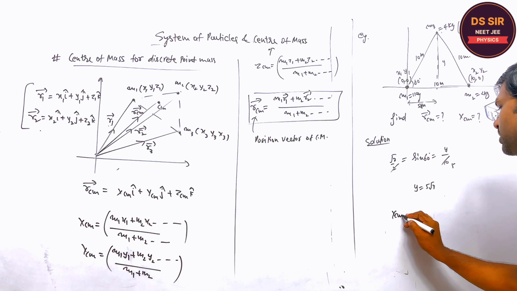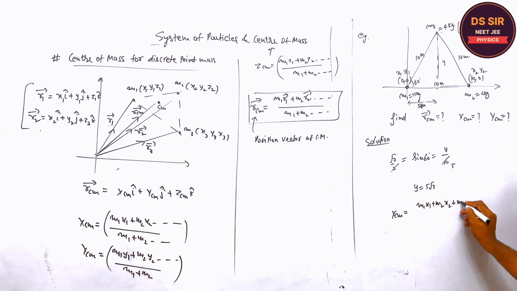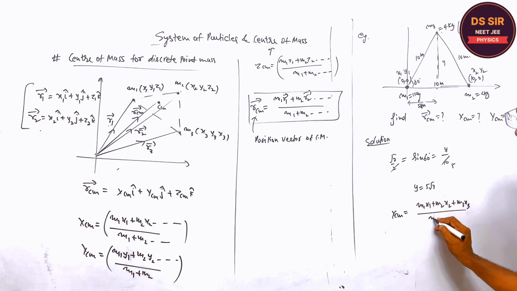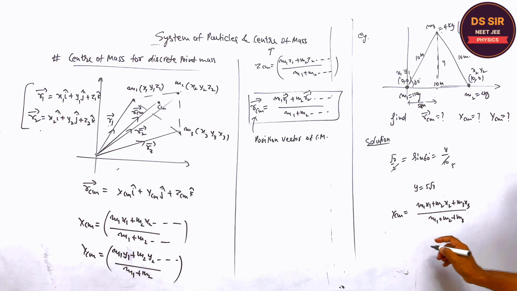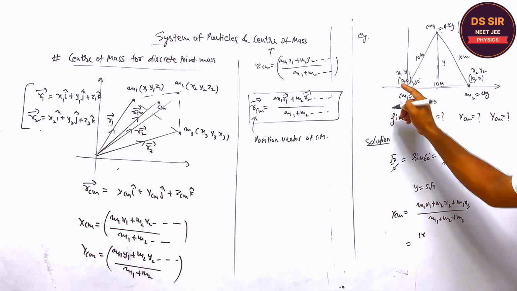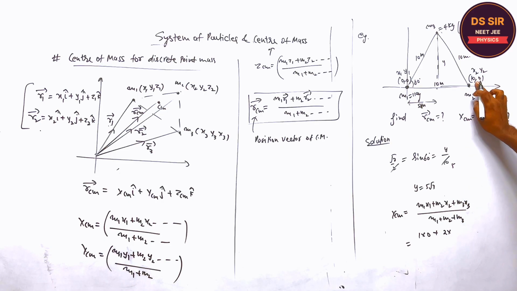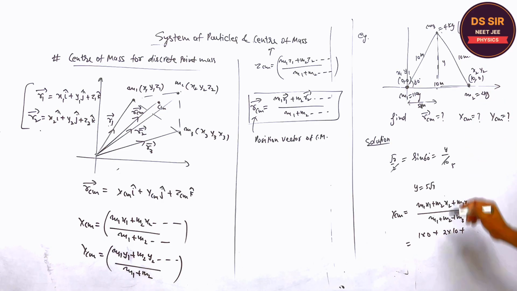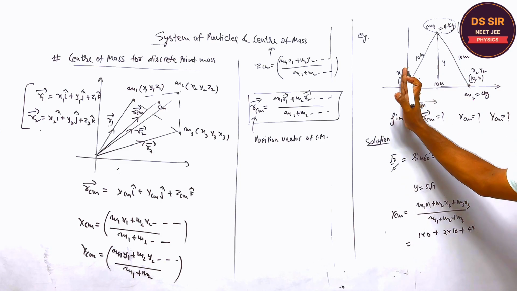So the XCM can be written as (m1 x1 + m2 x2 + m3 x3) divided by (m1 + m2 + m3), right? So m1 is equal to 1. What is x1? 0. m2 is 2. What is x2? It is 10. The m3 is 4 into x3.